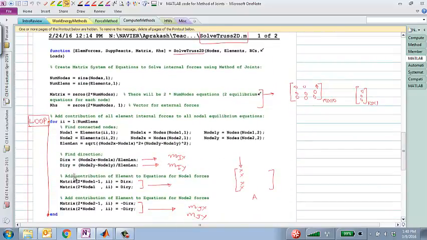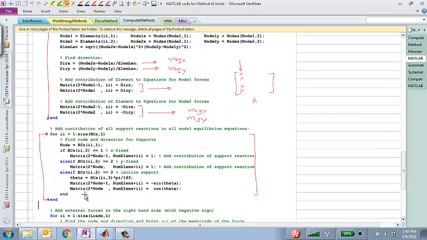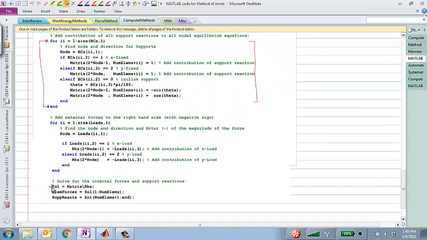I also told you about how to calculate these coefficients for the truss element and add the support columns in this matrix A. And this one line right here, solve matrix system equations, is where we are solving that A N is equal to minus F. In this one line, we are solving that system of equations.